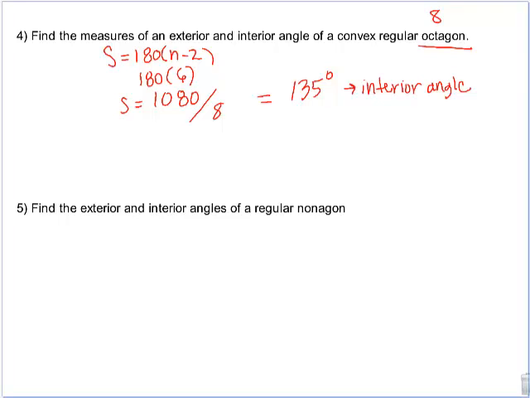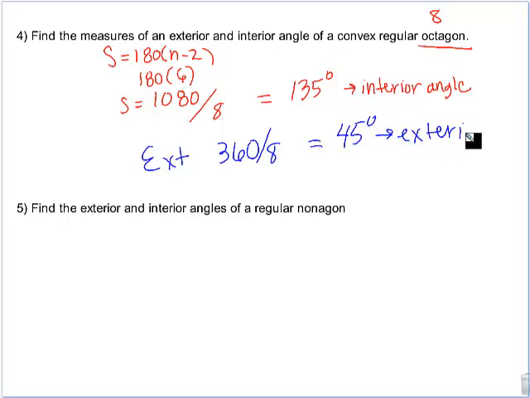So we could take our 360 and just divide it by 8. That would give it to us. So what would be 360 divided by 8? So 45 degrees is our exterior. That's one way we can get it.